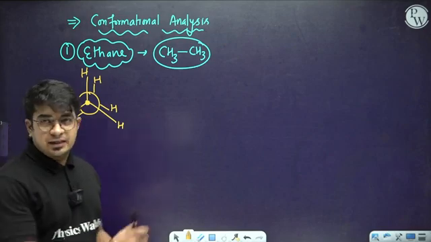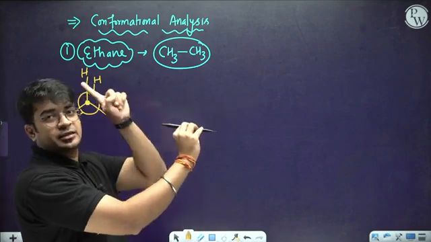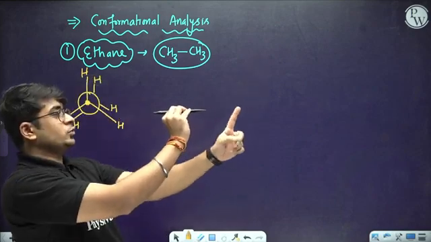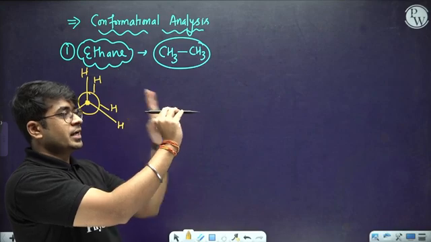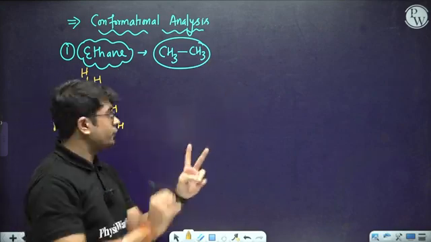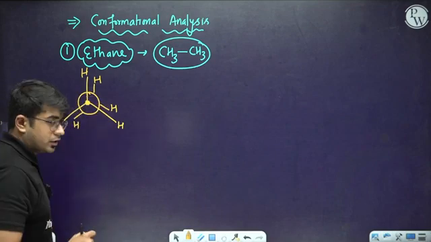If I am looking at this front carbon, one hydrogen is like this, second hydrogen will be like this. One hydrogen is looking like this and second like this, just in front of each other. This is the first type. Every hydrogen is in front of each other.